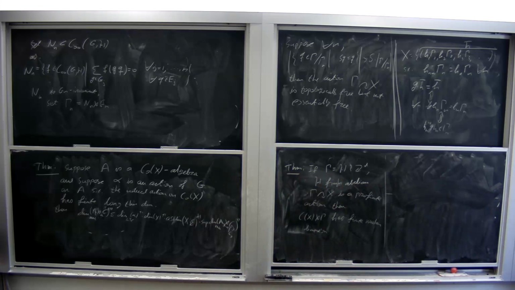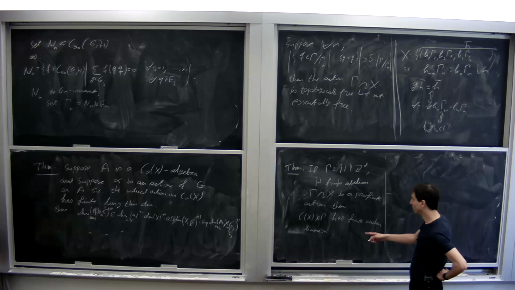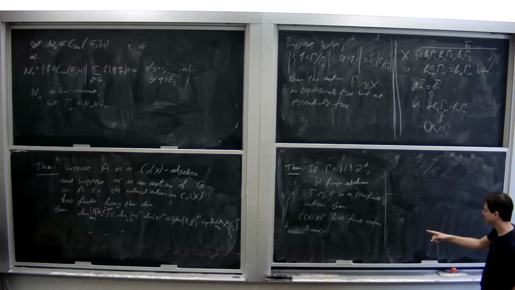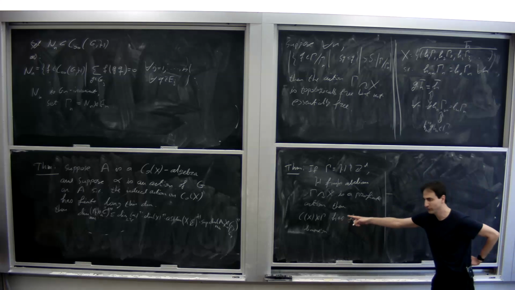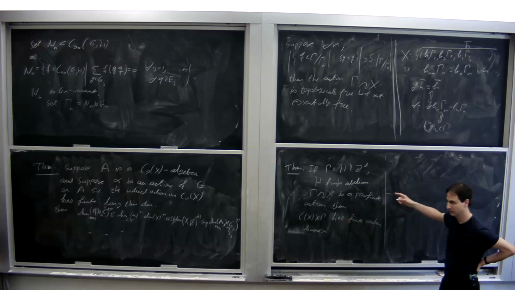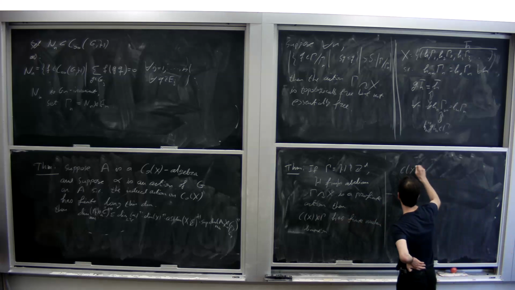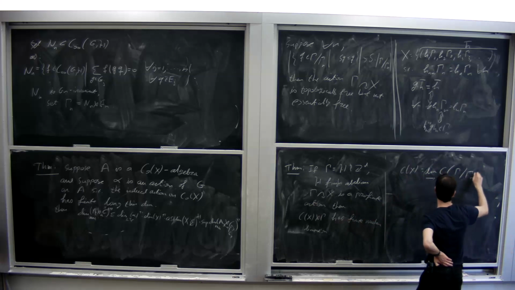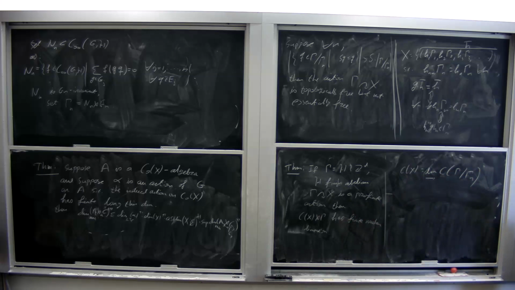Let's see why this is the case. We have here an inductive limit action, so C(X) is an inductive limit of C(gamma mod gamma_n).